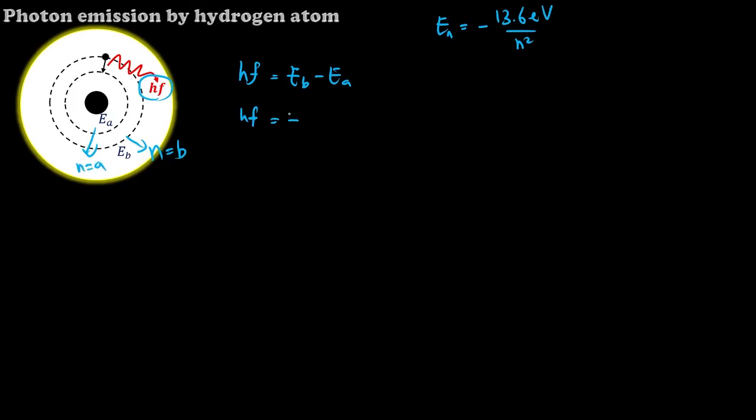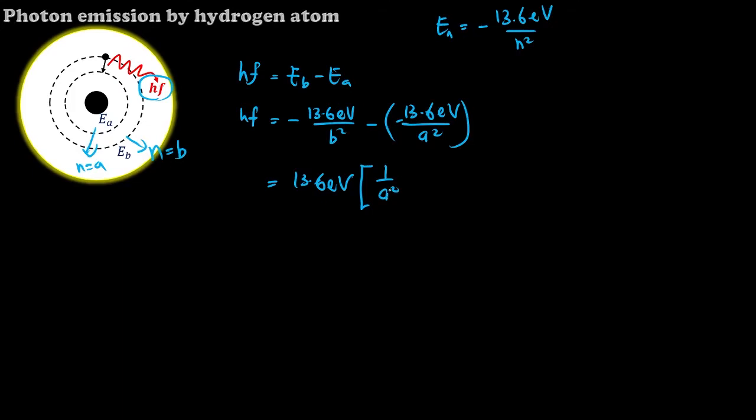So with this equation, EB will be rewritten as 13.6 divided by B squared, and for the energy level in orbit A, the quantum number I let it be A. So you will have these equations. Factor out the 13.6 electron volts, and you will get 1 over A squared minus 1 over B squared, so it becomes positive.